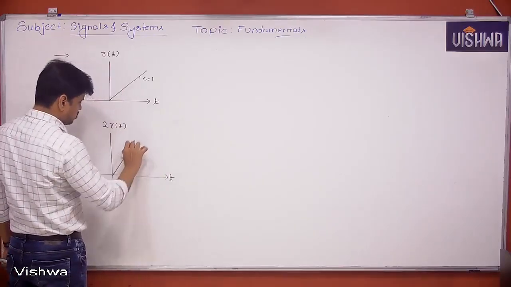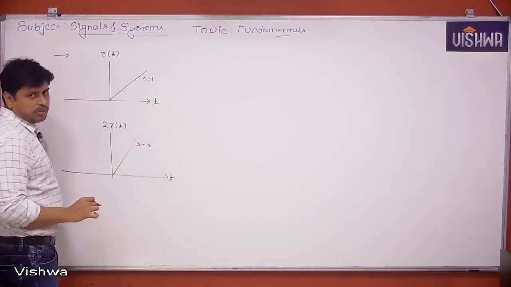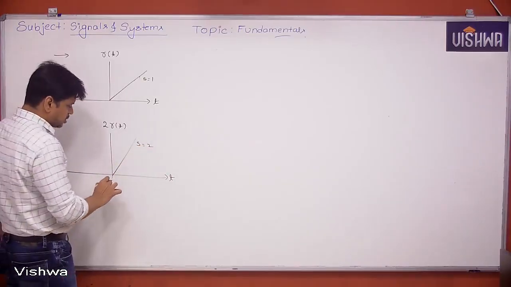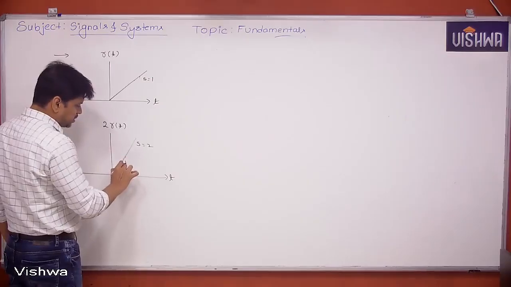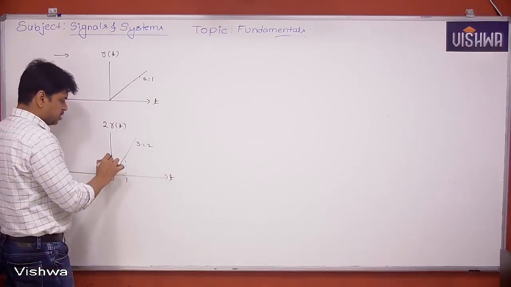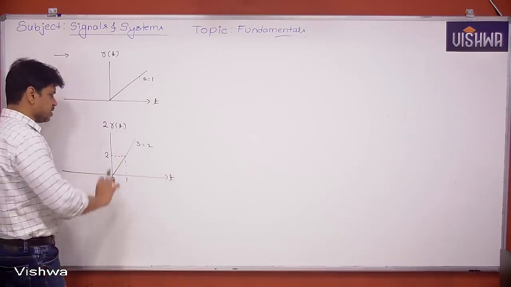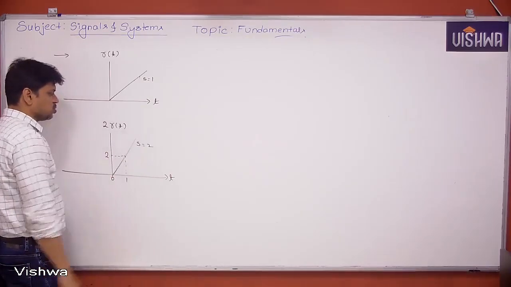Same, which is a steep line, slope is equal to 2. What do you mean by slope is equal to 2? That is 1 unit change in x-axis is going to result 2 units change in the y-axis. That's why 2 by 1, slope is equal to 2.